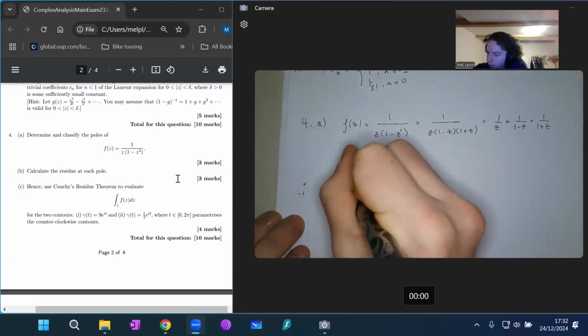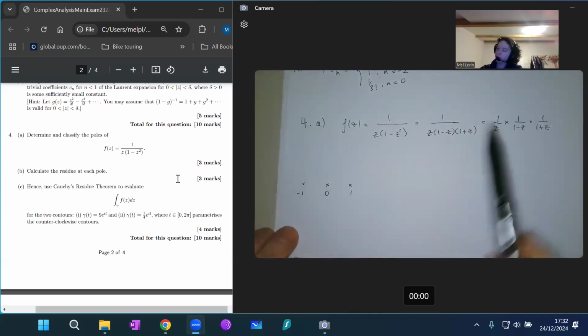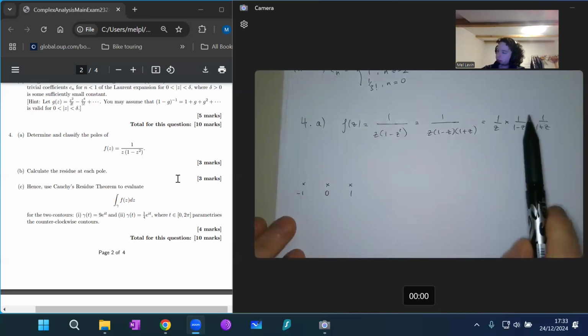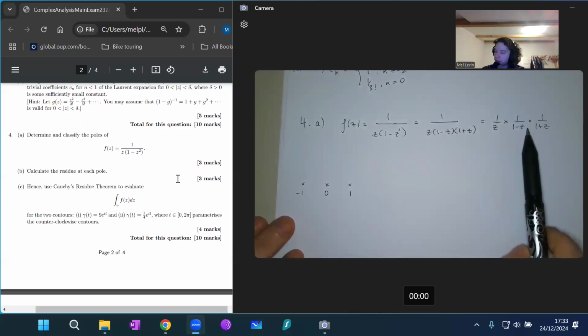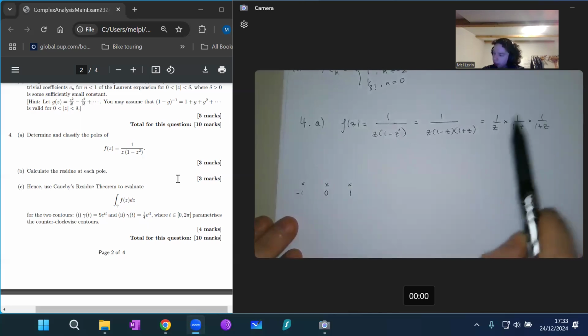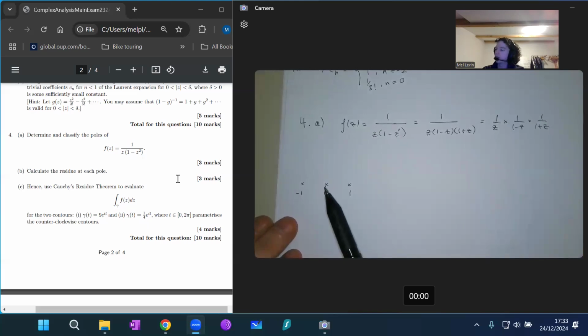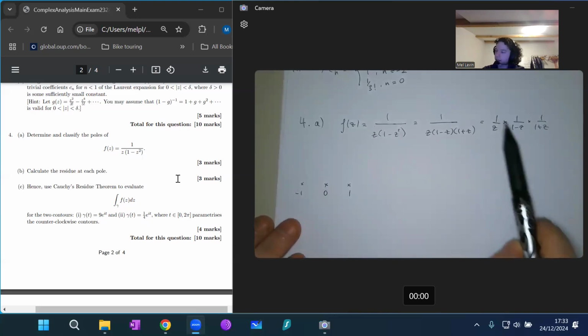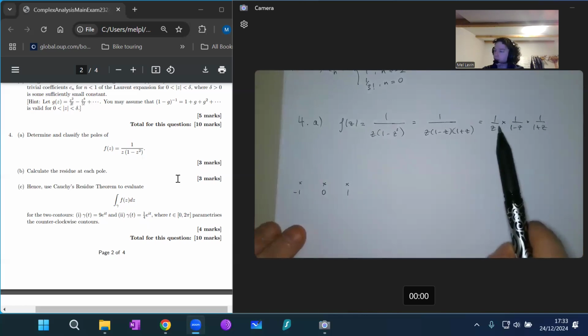So 1 over z has a pole at 0, but this other part doesn't have any zeros or singularities at 0, so it doesn't contribute at all.